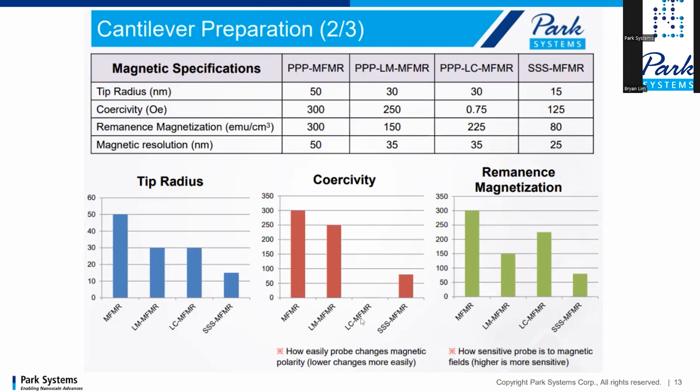So if you have a very strong magnetic sample, you will not choose LC MFMR, and you should choose MFMR or LM MFMR. Resonance is telling you how sensitive the probe is to the magnetic field, so the higher the resonance, the more sensitive. MFMR is one of the highest at 300, and LC MFMR is also pretty high. LM is slightly lower, and SSS MFMR is slightly lower.